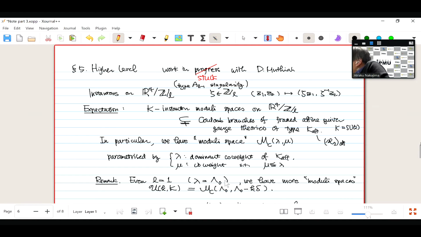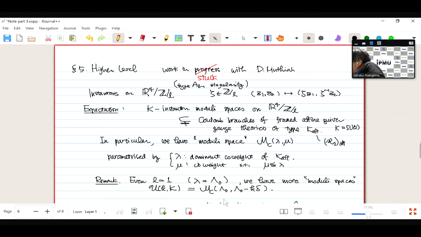So anyway, this is the zeroth fundamental coweight, and the Uhlenbeck space which we have been considering, labeled by the non-negative integer k, is a special case of the Coulomb branch with this choice of coweights.